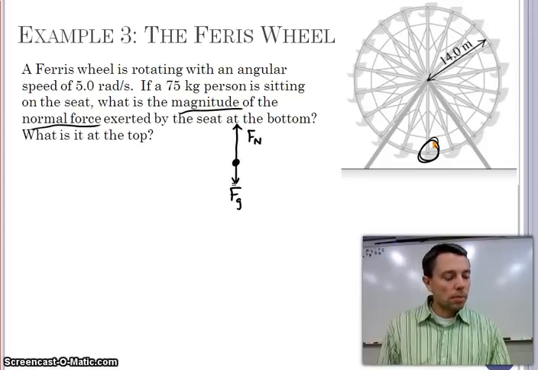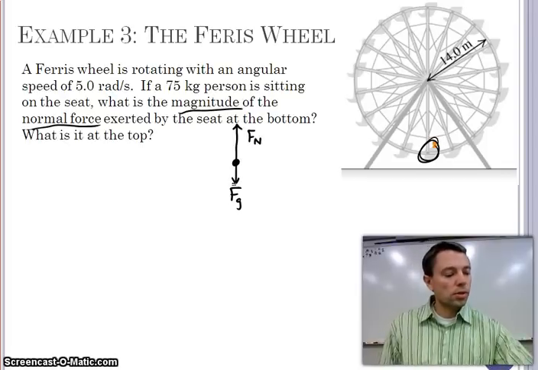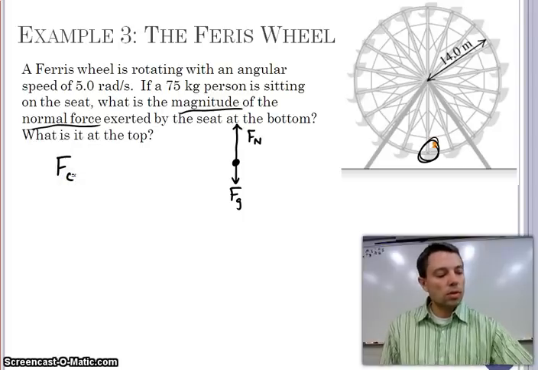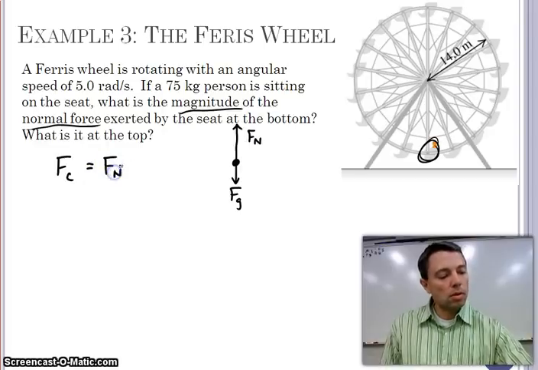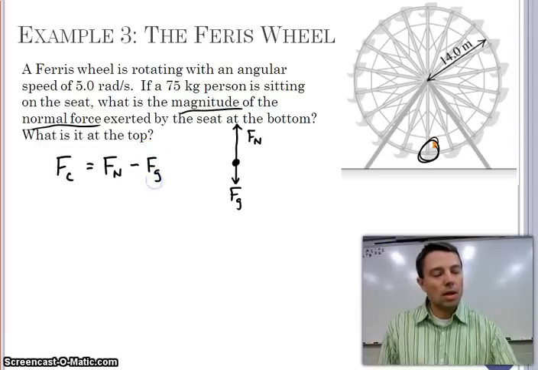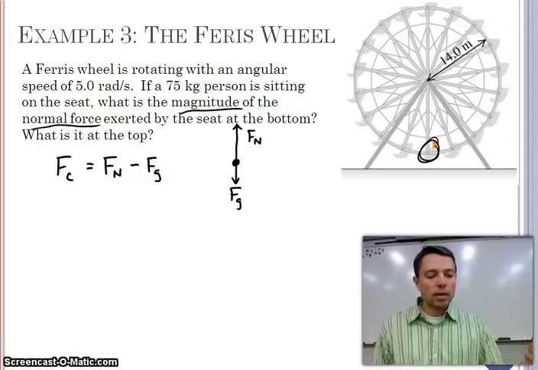So in other words, my net force, and net force in this sense is my centripetal force, is going to be equal to my force normal minus my force of weight, okay? Again, I'm relating it back to the fact that I've got a bigger force here. My net force is equal to that.